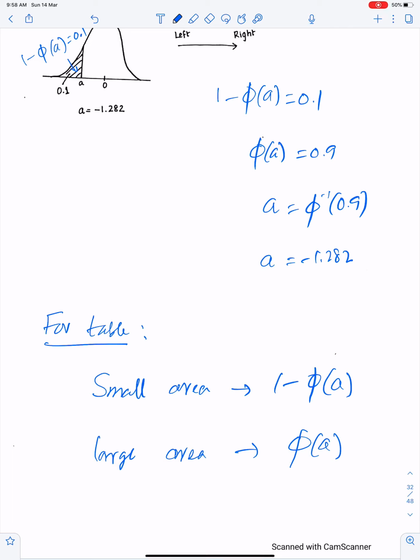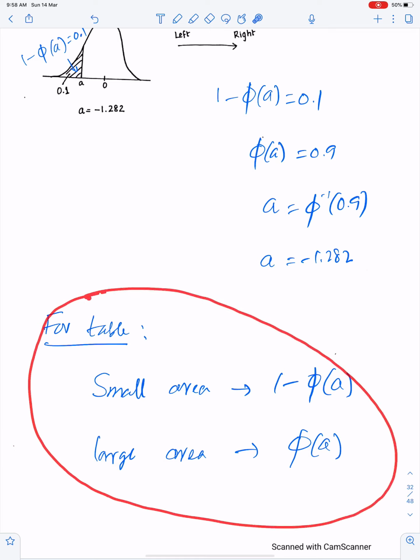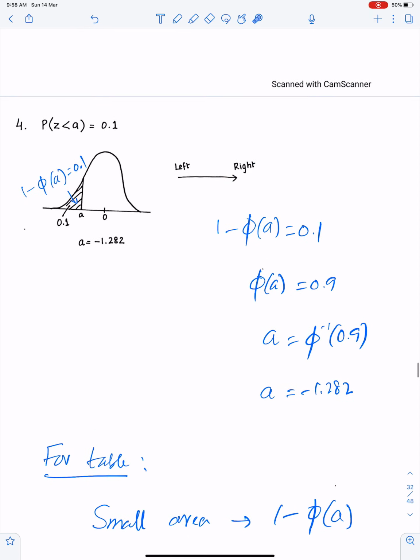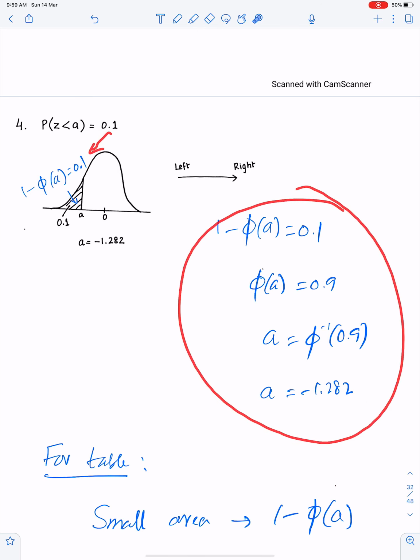The concept is changed in the calculator, so that is why I'm not discussing the calculator's concept here, because otherwise you will probably mix things up. I'm only focusing on the table. I already discussed earlier in this lecture that small area is always 1 minus phi and large area is phi. So see, this area is small, so this must be 1 minus phi of this number, and it is given as 0.1. Then you just need to simplify this.